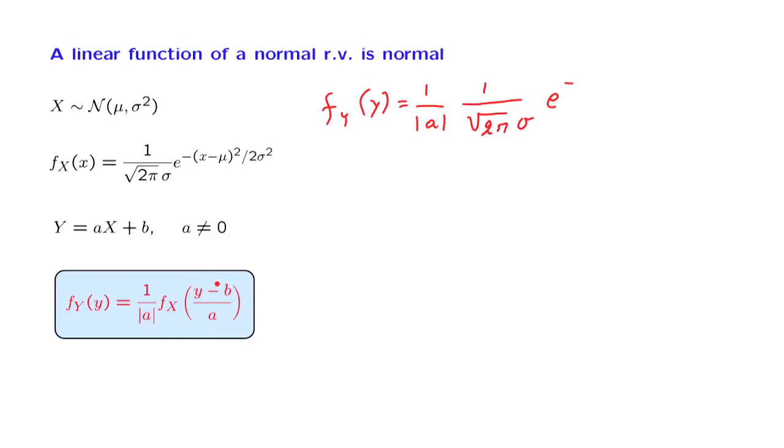So this expression will go in the place of x in this formula, and we have y minus b over a minus mu squared divided by 2 sigma squared. And now we collect these constant terms here.